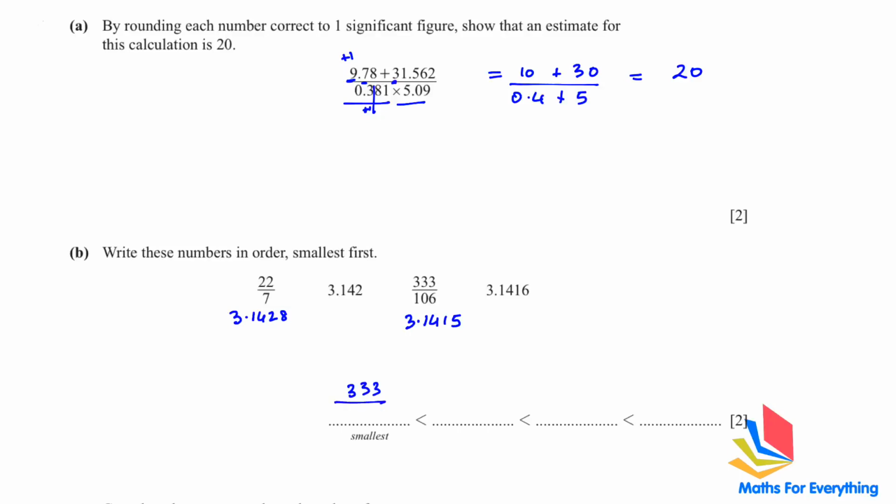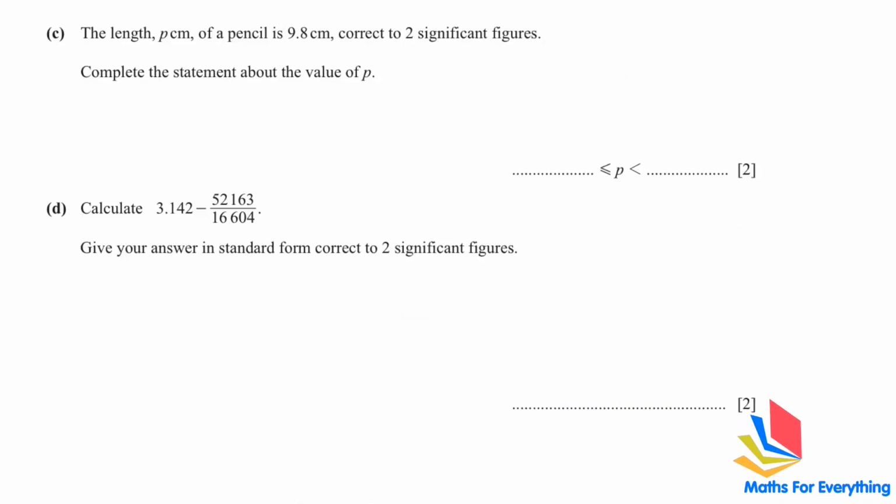Remember, don't forget, you do not write the simplified version, you write the original number. And then we have 3.1416, 3.142, and then this will be 22/7. So we have arranged the numbers.